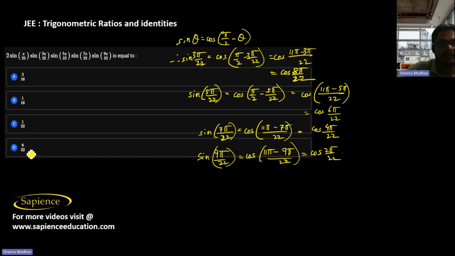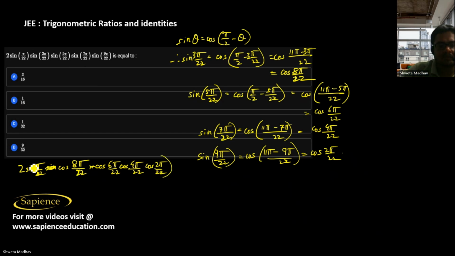So therefore, 2 sine pi by 22 multiplied by cos 8 pi by 22 into cos 6 pi by 22 and cos 4 pi by 22 into cos 2 pi by 22.